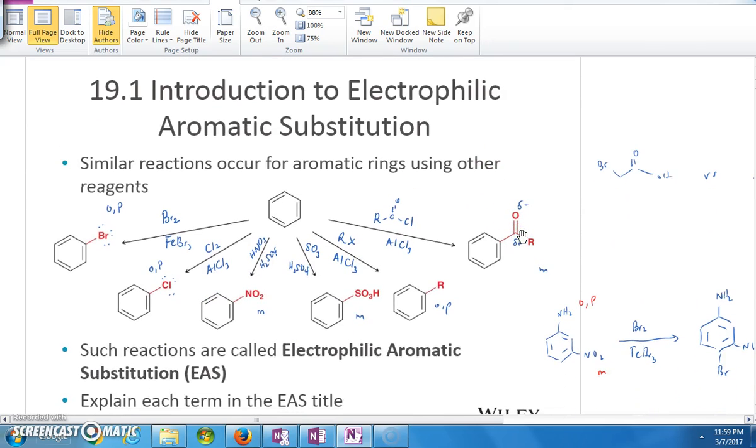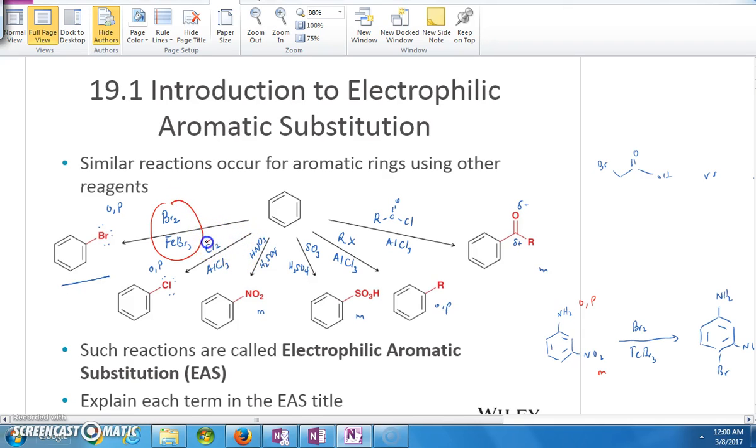Now, similar reactions occur for aromatic rings using other reagents. For instance, if you want to do a bromination, you can use bromine in iron(III) bromide as a Lewis acid.